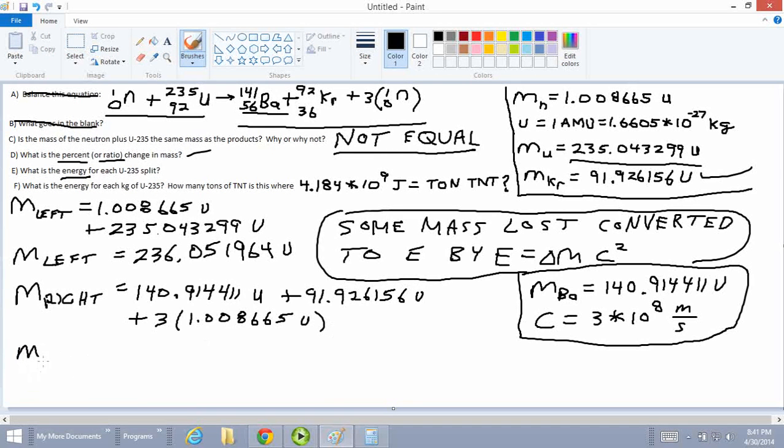So the mass on the right equals, add this stuff up.